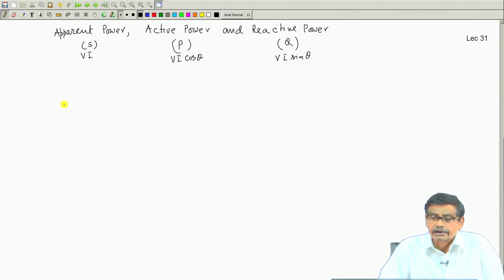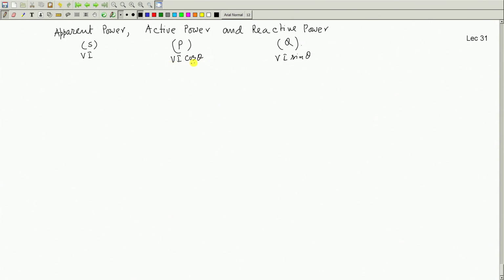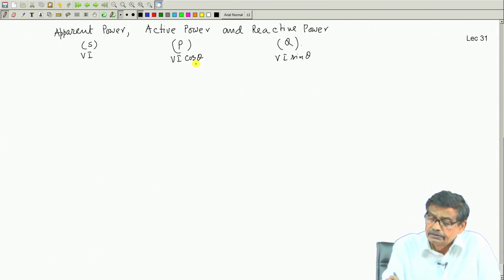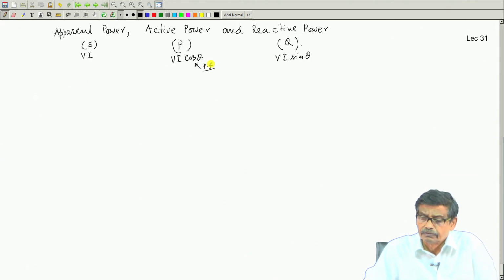After getting the current, the question is how to calculate the power consumed by the circuit. I showed you that it is equal to V I cos theta. Mind you, this V is the RMS value of the voltage, I is the RMS value of the current, and cosine theta is called the power factor of the circuit. Also, I told you in the last class the significance of having a low or high power factor.